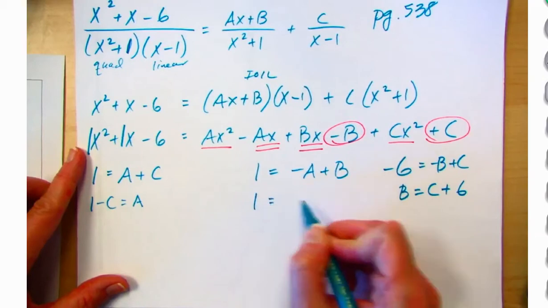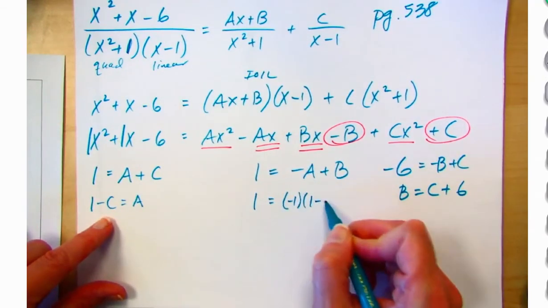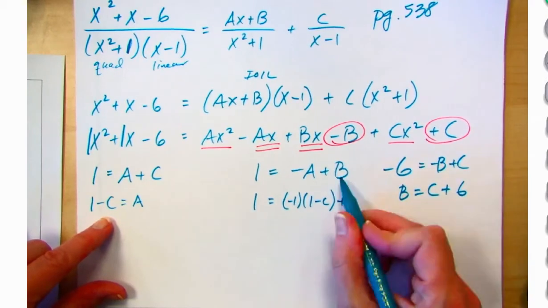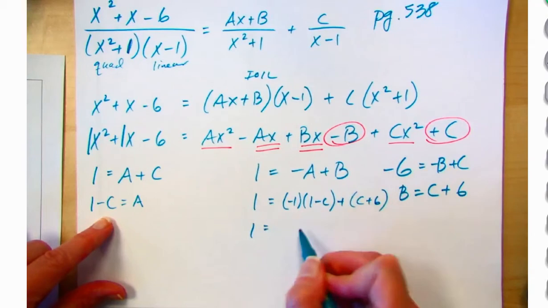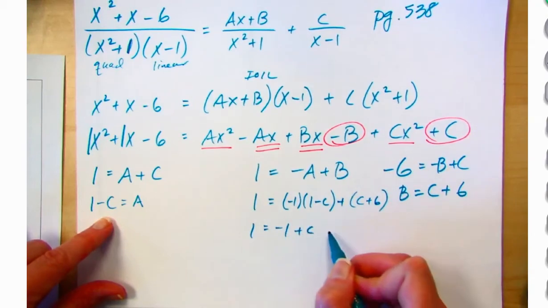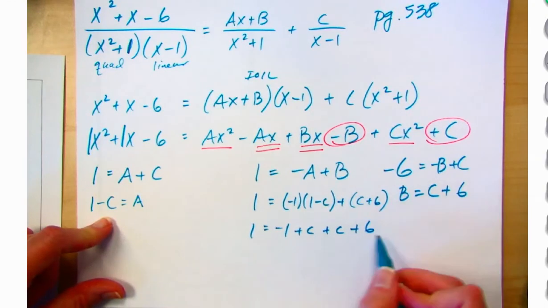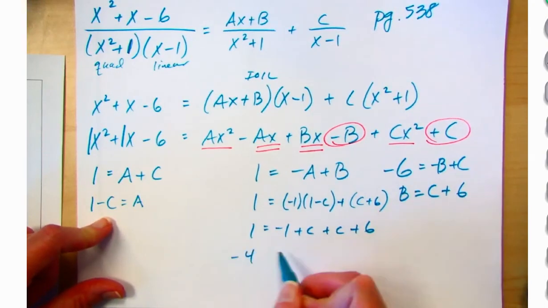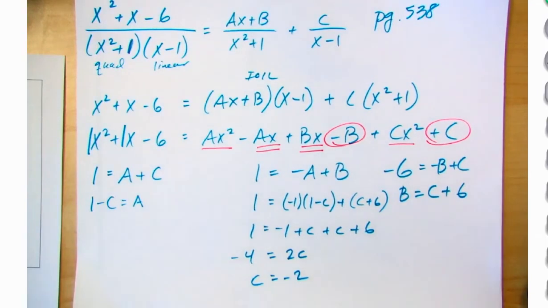So 1 equals the opposite of a, so negative 1 times 1 minus c, plus b, which is c plus 6. So that is negative 1 plus c plus 6. So negative 1 plus 6 is 5, so that's negative 4 equals 2c. c is negative 2.